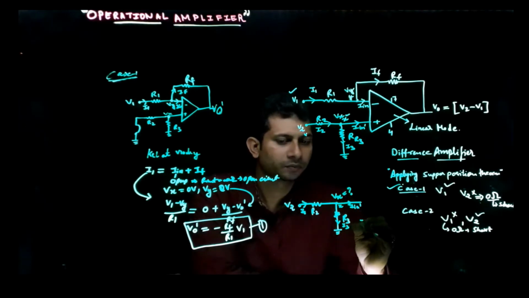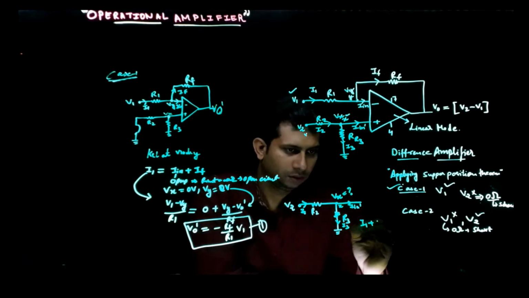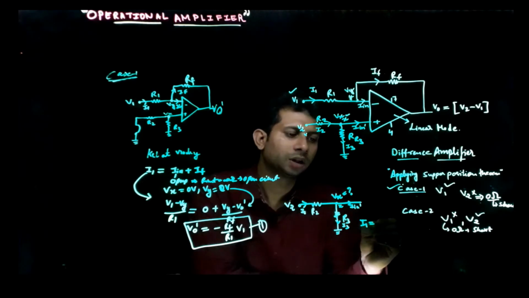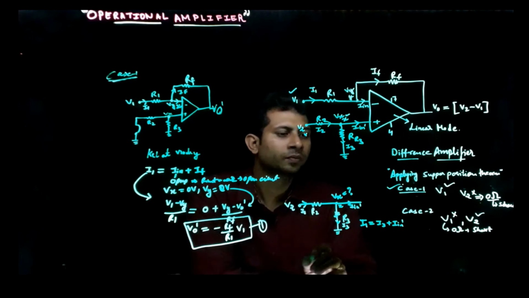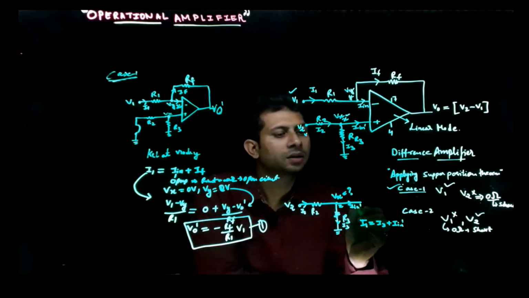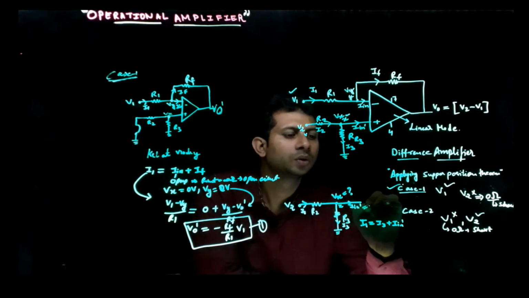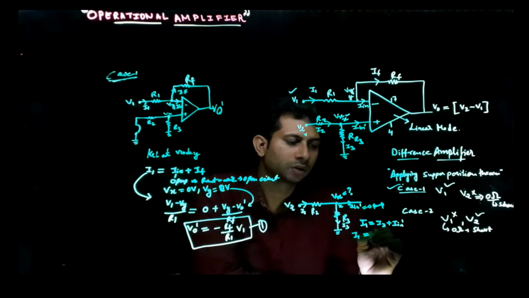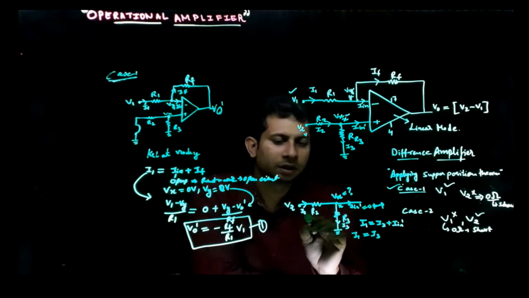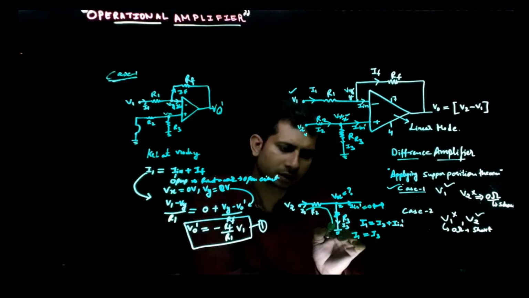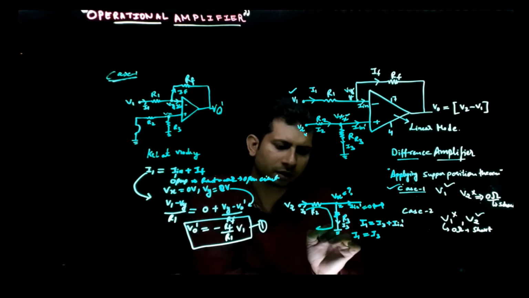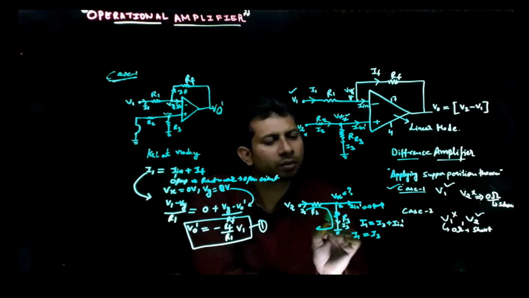That means I1 equal to I3 plus In dash, and In dash is equal to 0 ampere because the internal resistance is infinite. We have I1 equal to I3, that means this current is the same in these two branches.